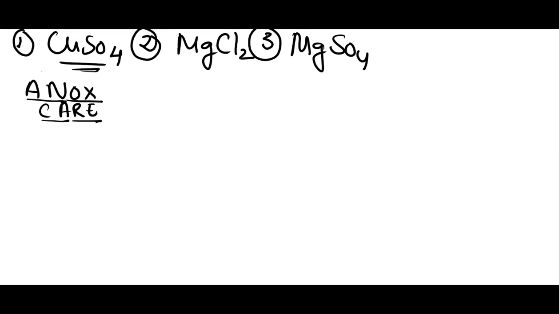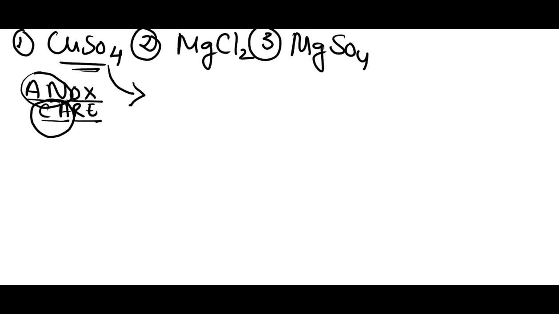Anode is the positively charged electrode. That means it's gonna attract the negatively charged ions. Let's discuss which ions are going to migrate towards the cathode and which ions are going to migrate towards the anode, their half equations and the prediction of the products that will be formed.